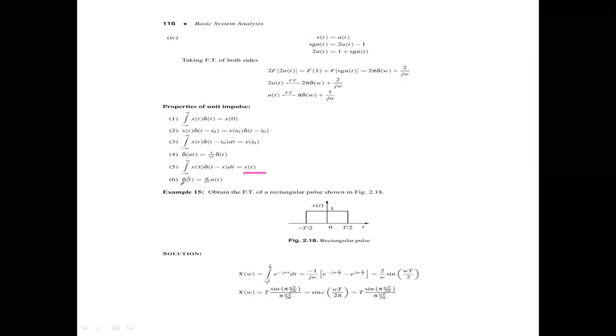And another one is the delta of t related with the step function, the derivative. Impulse function is equal to the derivative of a step function, or step function is equal to integral of the impulse. Integral of impulse is equal to step.